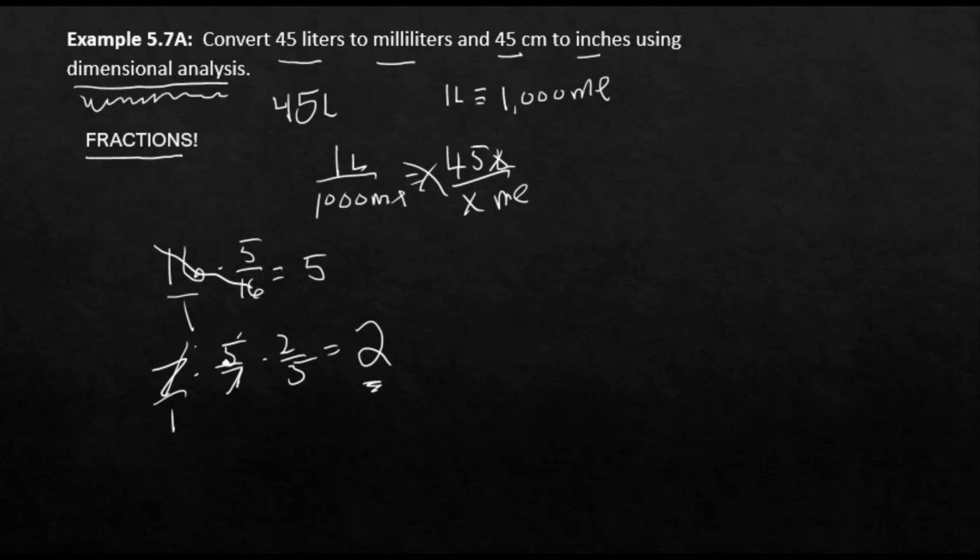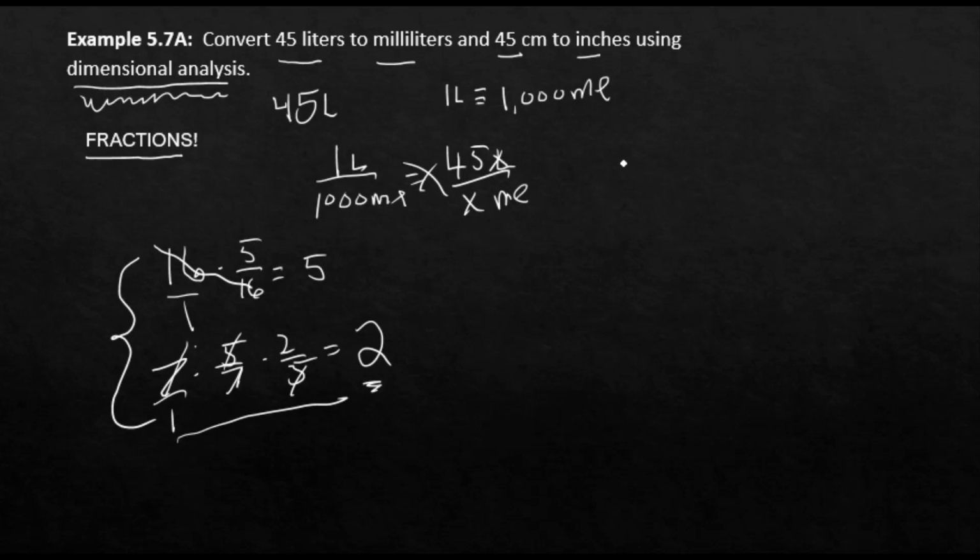The 7s cancel and the 5s cancel. And you just have 1 times 1 times 2 over 1, which is 2. So if you understand this, you're in really good shape. And this multi-step problem is what you're going to see a lot of in chemistry.